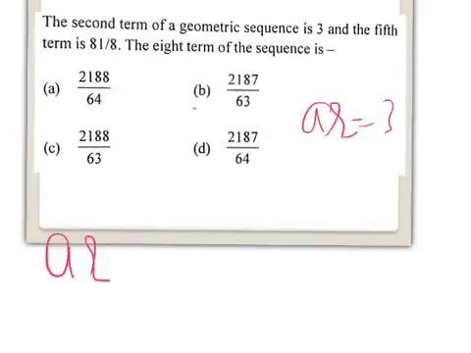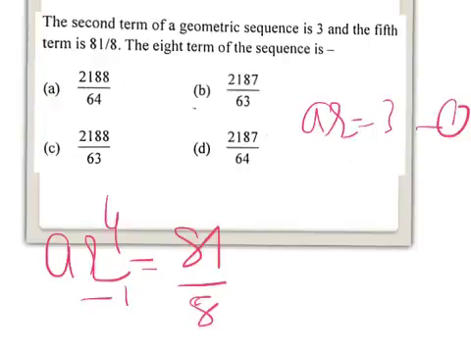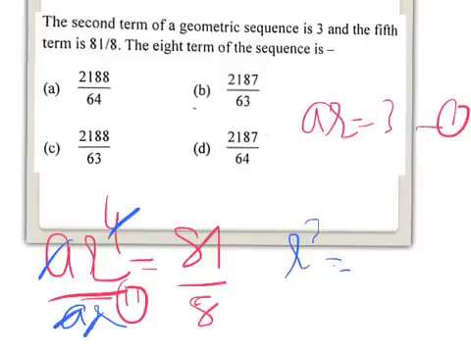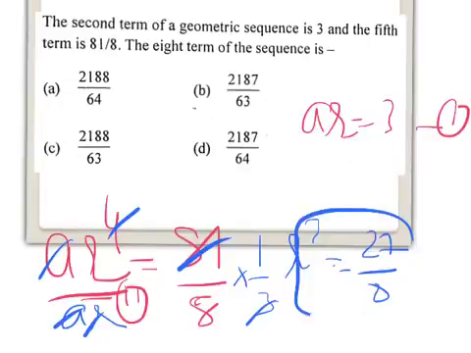Fifth term, a into r to the power 4, is 81 by 8. Find the 8th term. So if I divide fifth by second, we get the value of r. A कट गया, r से r गया. I'm getting r cube. R cube is 81 by 8 into 1 by 3, 27 by 8 is r cube.